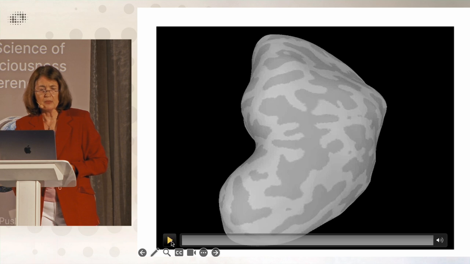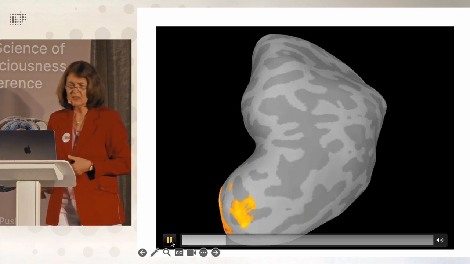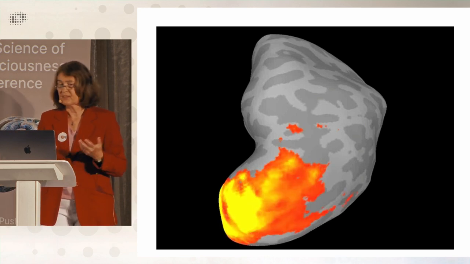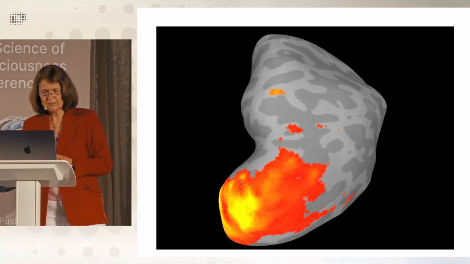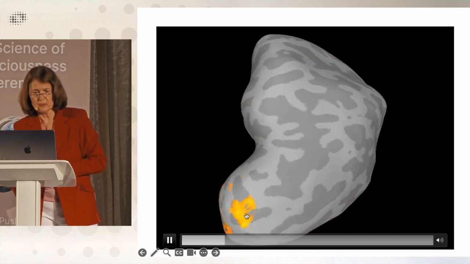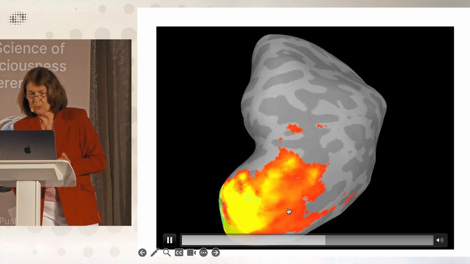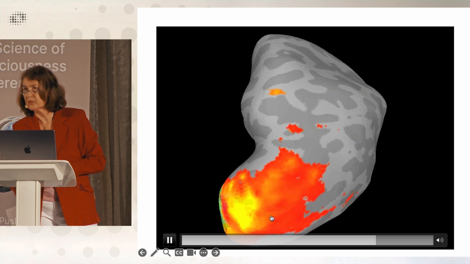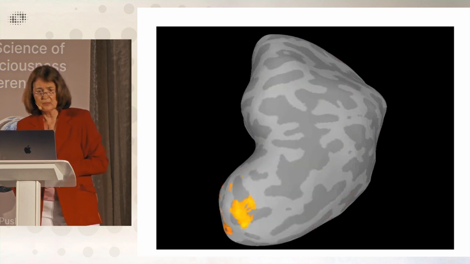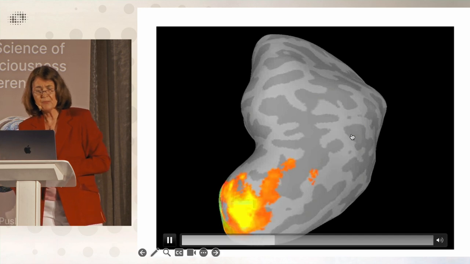So what I will play for you is this activity that unfolds in the brain while we are making spatial selections. You see here first the buildup of activity. These are functional magnetic resonance imaging signals from one participant over the occipital pole. That's where the visual system is located in the primate brain.